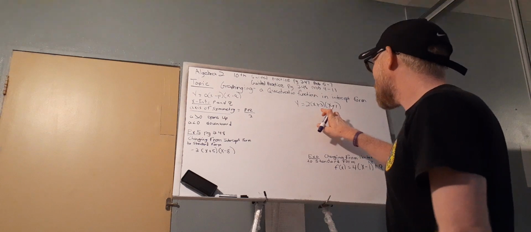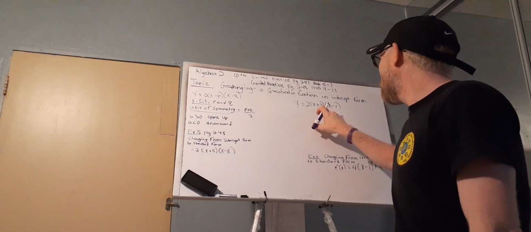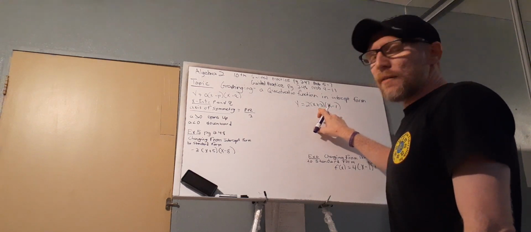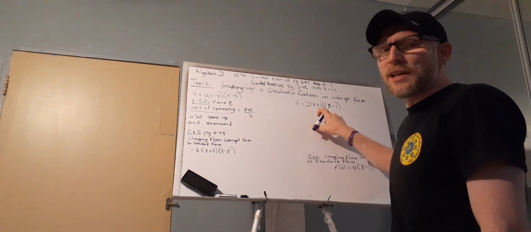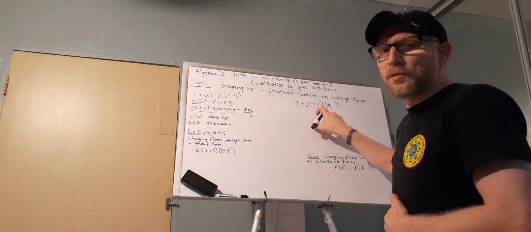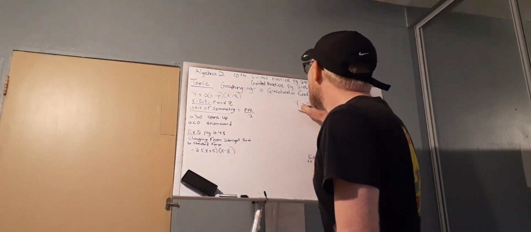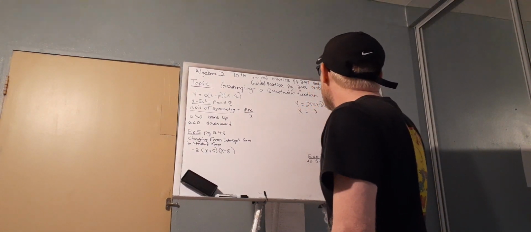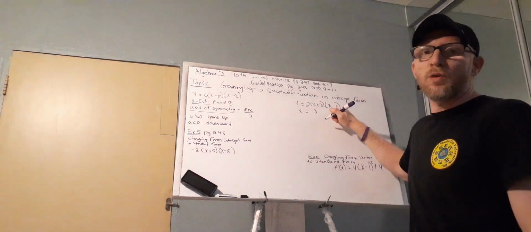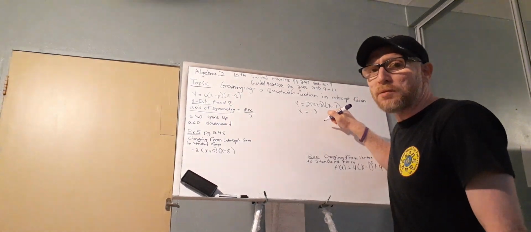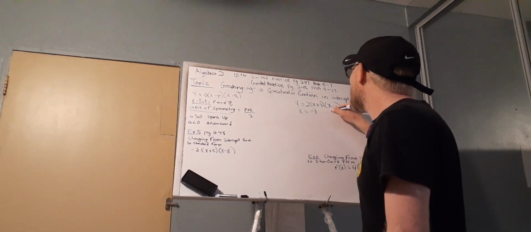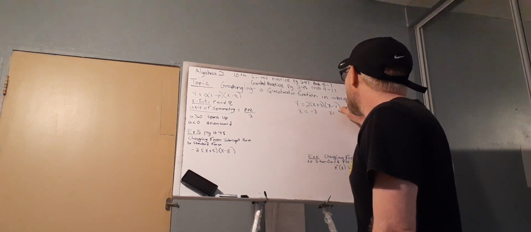Now remember, just like when I was explaining vertex form, if there is a plus 3, in reality that means it's not a plus 3, but a minus 3. So you're going to turn this into x equals negative 3, and then if there is a minus 1, in reality that's a plus 1. So we're going to turn that into x equals 1.